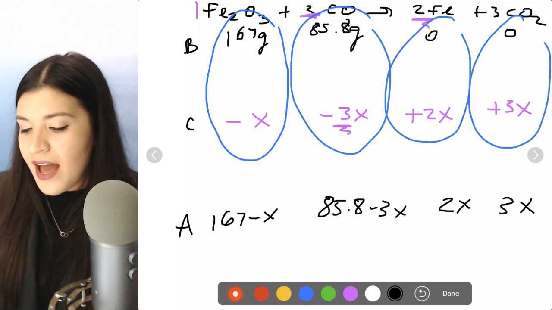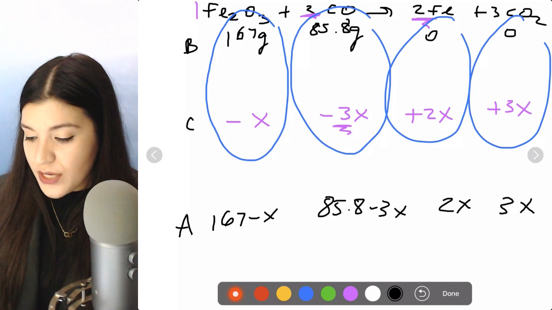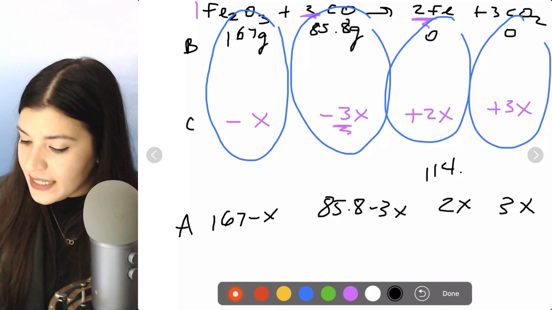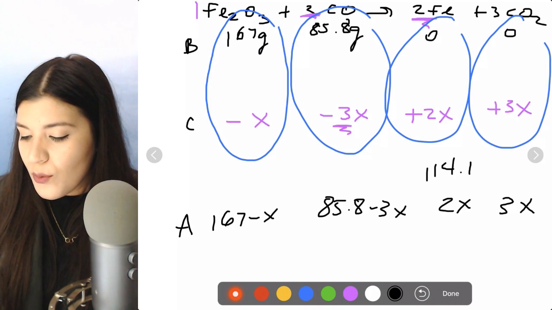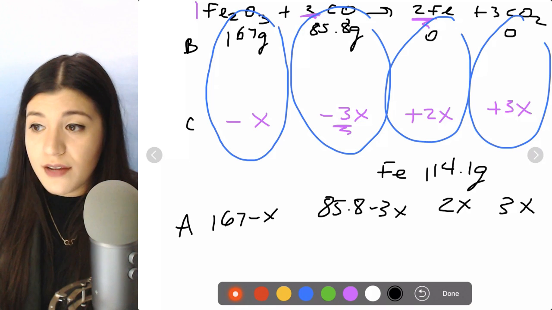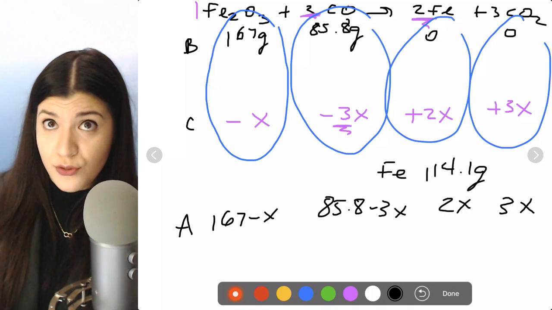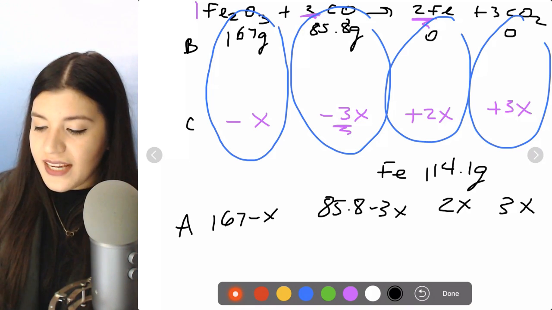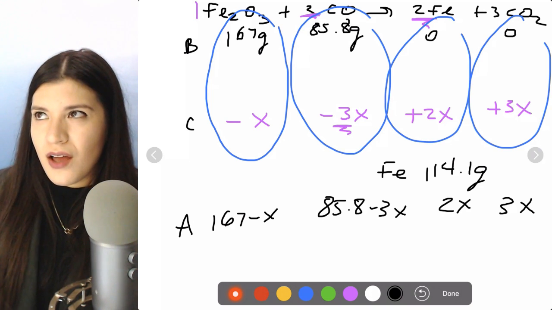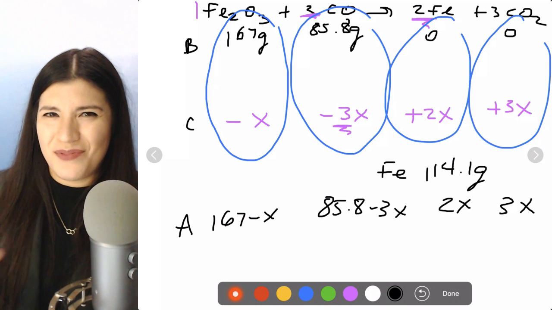And what we found before was 114.1. Now, because this is the amount of grams that we found previously from whatever our limiting reactant produced, or theoretical yield, then I could figure out what x is. And that's going to help me figure out then what the excess amount is. I hope you're with me so far.